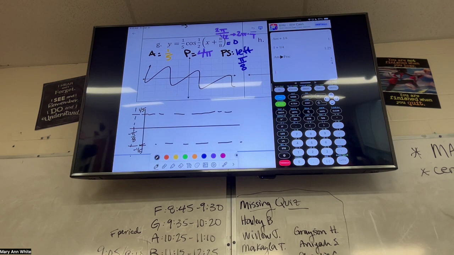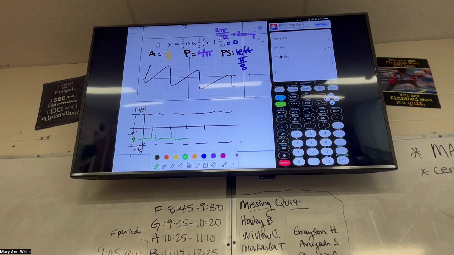We know that there are 5 important points, right? 1, 2, 3, 4, 5. So I start at that negative pi over 8, and I've got 5 points. In between those ticks, there are 5 ticks, but there are 4 spaces in between them.